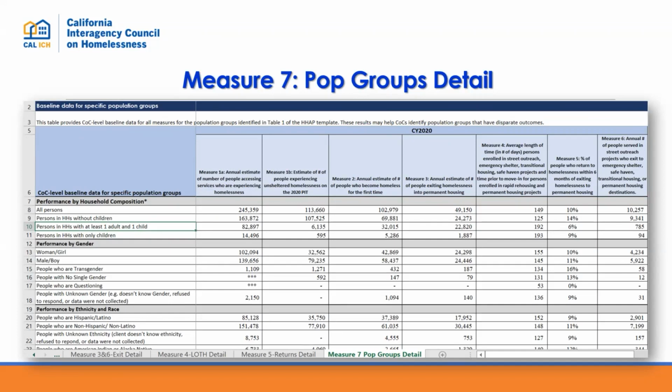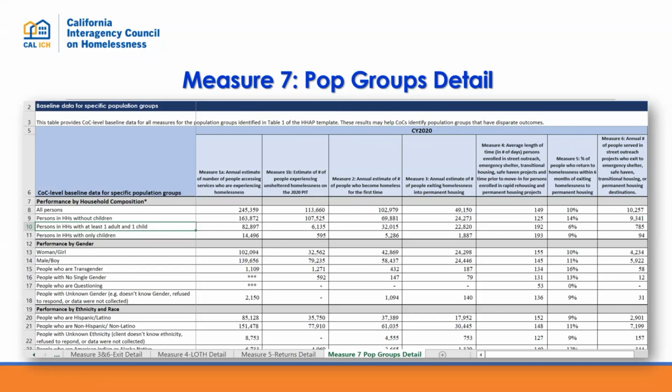The tab shows each baseline data performance measure across the top row. Each column represents a different baseline data measure. Each row below breaks out the top line number for the measure by the household composition, gender, ethnicity, and race, and different subpopulations that are counted in the top line measure number.